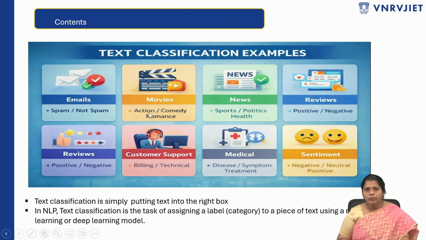Similarly, movie reviews, where I can have action movies, comedy movies, romantic movies, or based on some theme, like patriotism. Similarly, news, which can be categorized into sports, politics, health, and so on. Reviews nowadays are positive or negative. We can also do intent analysis. Similarly, product reviews, restaurant reviews. Now you have Blinkit, Zepto, and all those reviews.